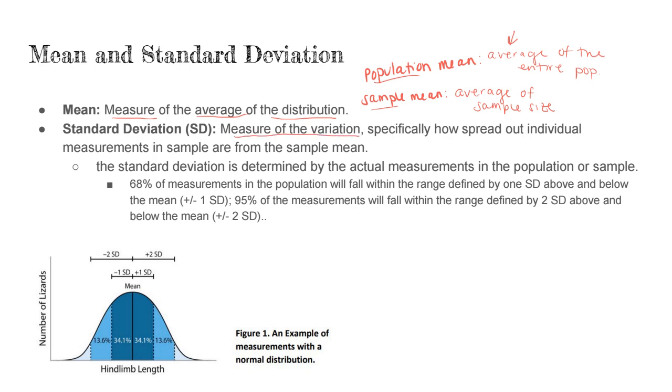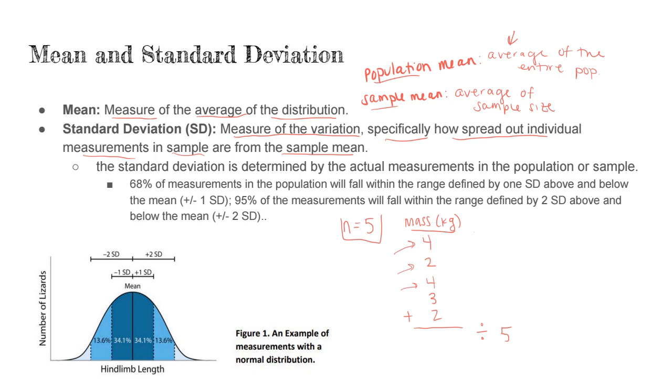The standard deviation is a measure of the variation. What that means is it's telling us how spread out individual measurements in the sample are from the sample mean. So here is a sample from an imaginary population. My n is 5 because my sample size is 5 individuals, and these are the measurements that I got in kilograms, whatever these little creatures are.